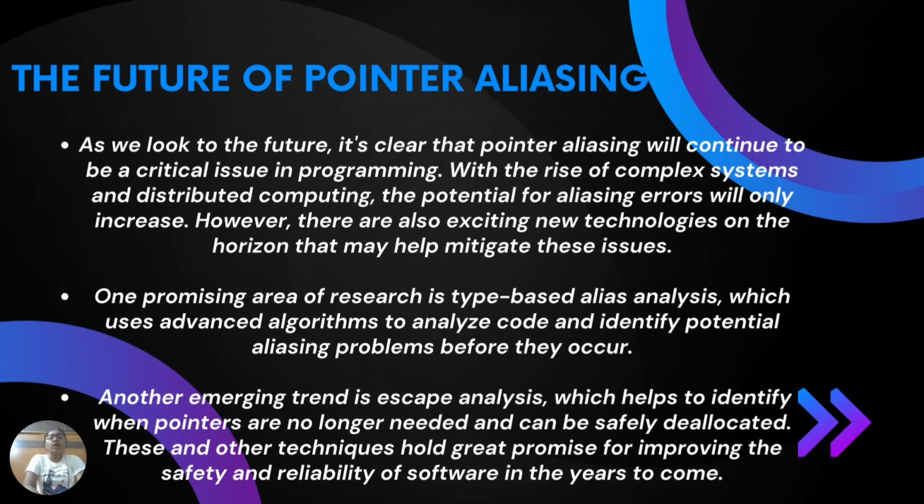One promising area of research is type based alias analysis, which uses advanced algorithms to analyze the code and identify potential aliasing problems before they occur. Another emerging trend is escape analysis, which helps to identify when pointers are no longer needed and can be safely deallocated. There are also technologies which hold great promise for improving the safety and reliability of software in the years to come.